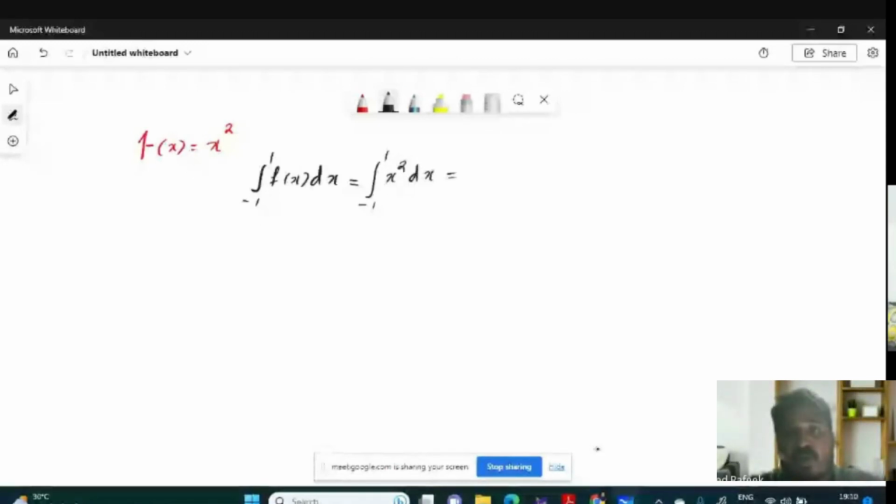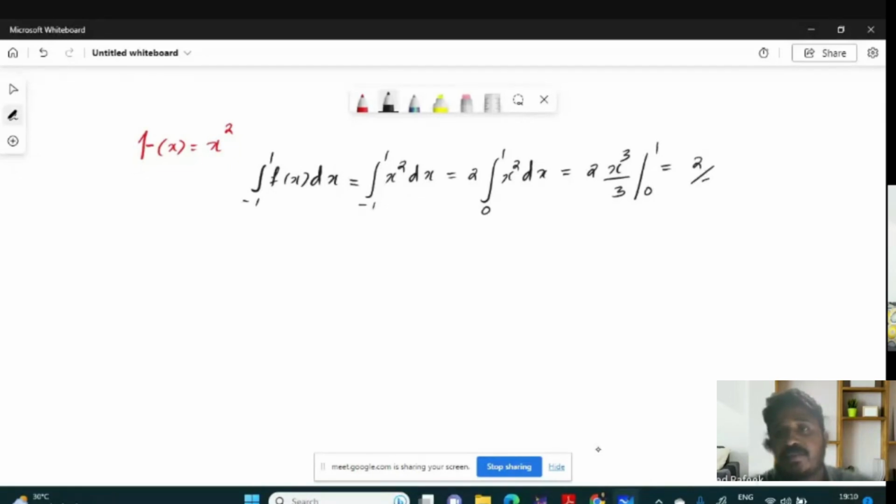From the fundamentals of integration, because x square is an even function, that is equal to 2 times the integral of x square dx from 0 to 1, which is 2 into x cube by 3 from 0 to 1. Then it becomes equal to 2 by 3. That is the LHS of this integration formula. And what about the right side? g of alpha plus g of negative alpha.